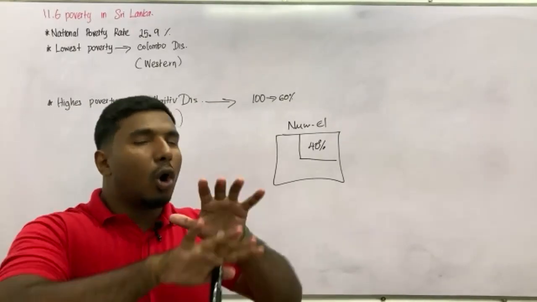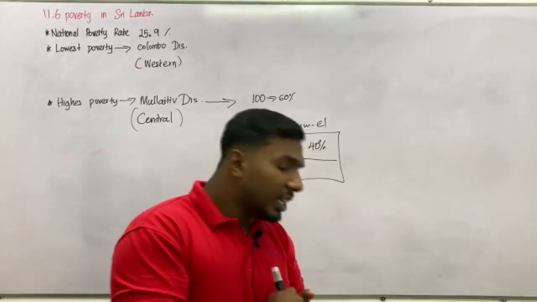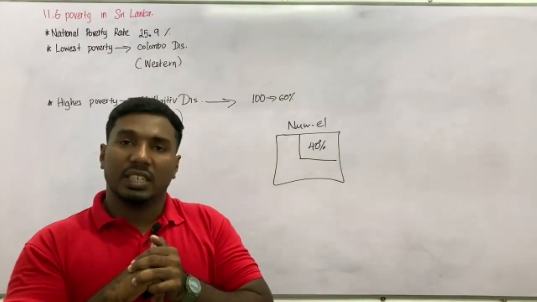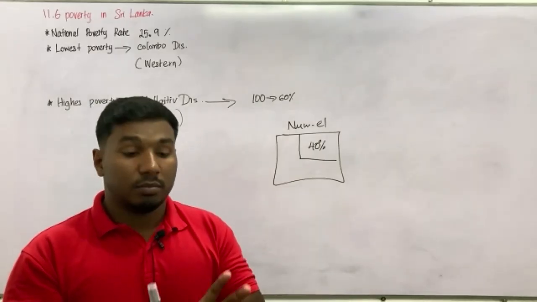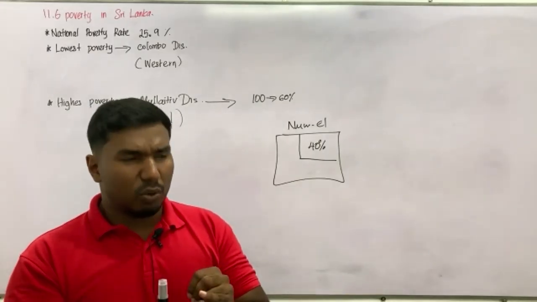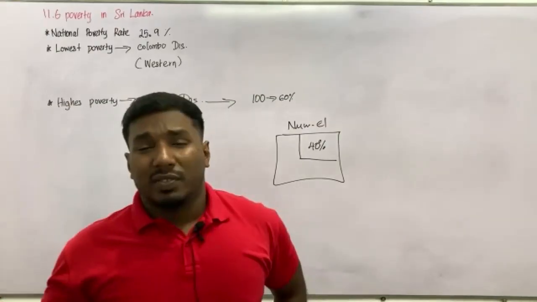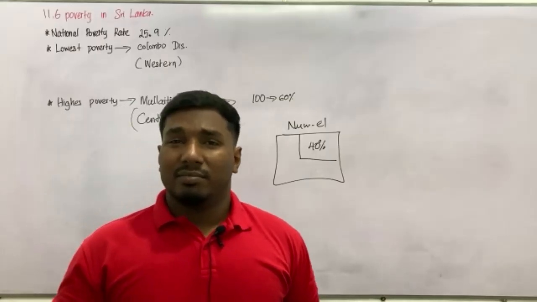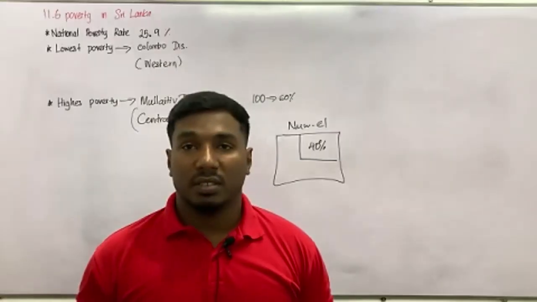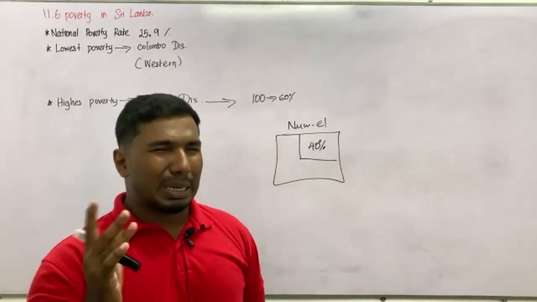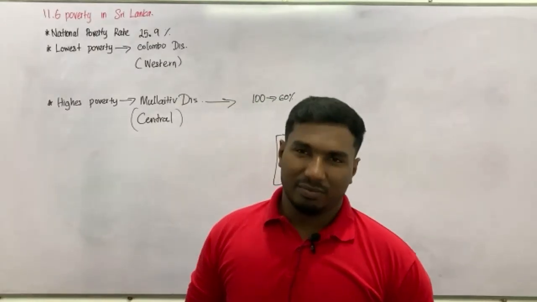All together we can say around 63 percent of estate sector workers are in poverty, not just from Nuwara Eliya: Nuwara Eliya, Kandy, Matale, Badulla, Monaragala, Ratnapura. There are a lot of estates around Sri Lanka. So out of 100 percent, 63 percent are below the poverty line. It may be a complex thing to understand, but this is the basic scenario.